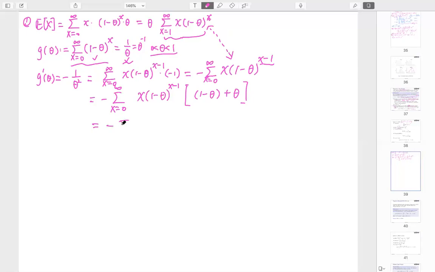So what I have will be negative, from x equals 0 to 1, and now what I have is to the theta. What's the remaining part?